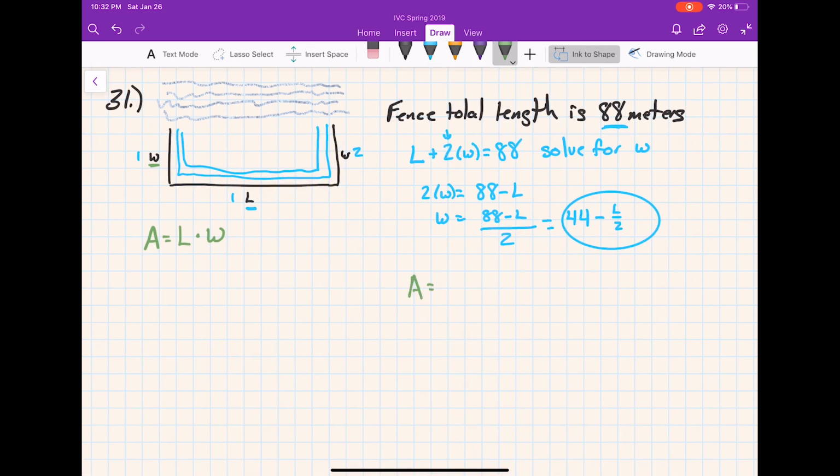We got area equals L times W, so we'll substitute that 44 minus L over 2. Now we can distribute this L to make this 44L. Come on, pen.